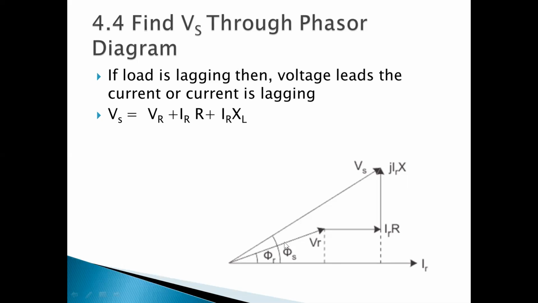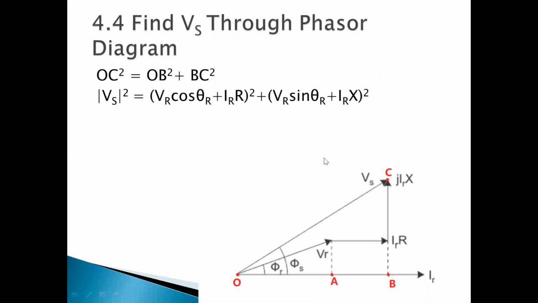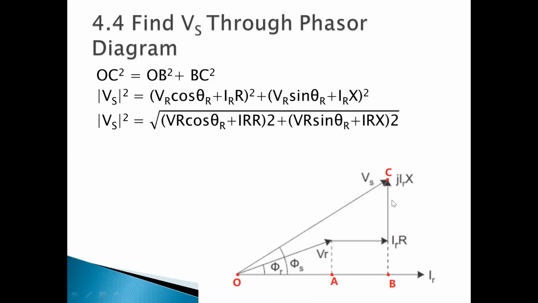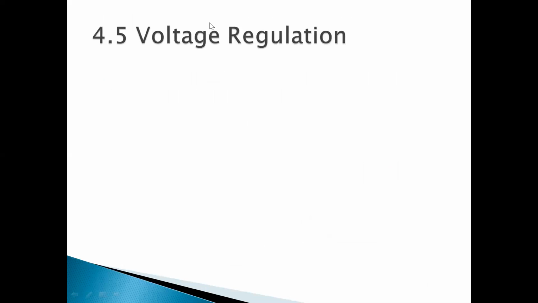You can find the angle by adding vectors, and you can also find the magnitude of Vs, which is the base magnitude squared plus the perpendicular magnitude squared under the root. Nothing else, I just explained it over here. Did you get my point? Do you want to ask some questions? You can ask now.